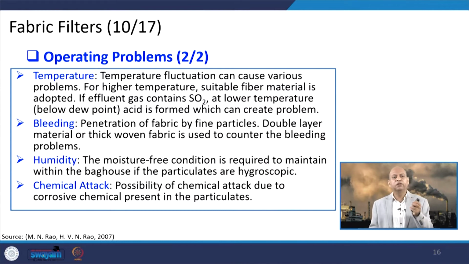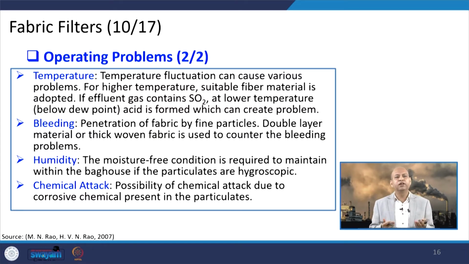Then temperature also: if temperature fluctuation is there and a very high temperature occurs, fire may be caught by the filter media if it is not highly temperature resistant. Bleeding means penetration of the fabric by some fine particles. Double layer material or thick woven fabric is used to counter these bleeding problems.